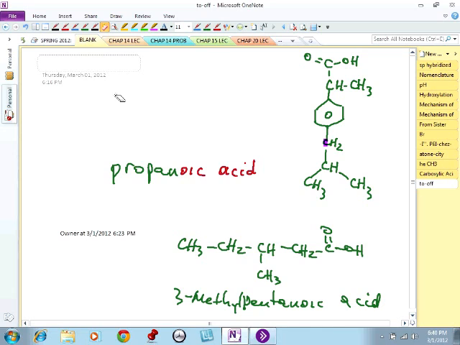The longest carbon chain that contains the carboxyl group is 3, which is this here. This is carbon number 1, carbon number 2, carbon number 3. So what that tells us is that this here is nothing but a substituent.